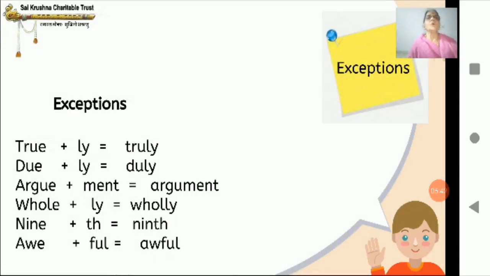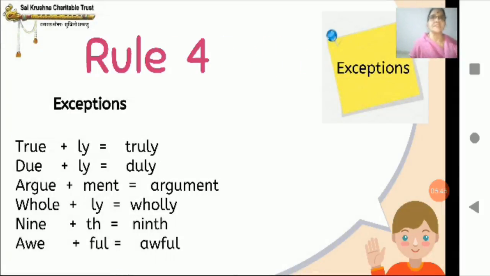Now, as I told you, we have exceptions for everything. Here also you have exceptions. Let's look at it. True. T-R-U-E. The last letter is E. And what is the suffix here? Ly. L-Y. What is L? Good. It's not a vowel. It's a consonant.